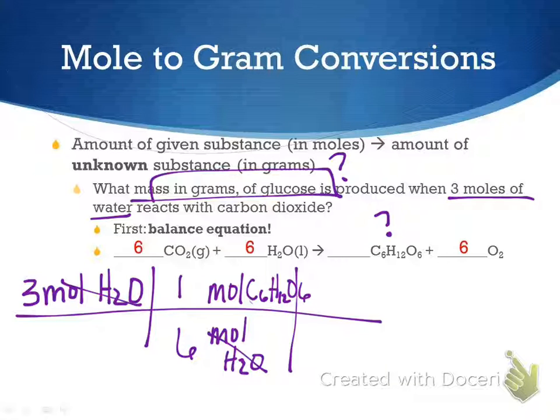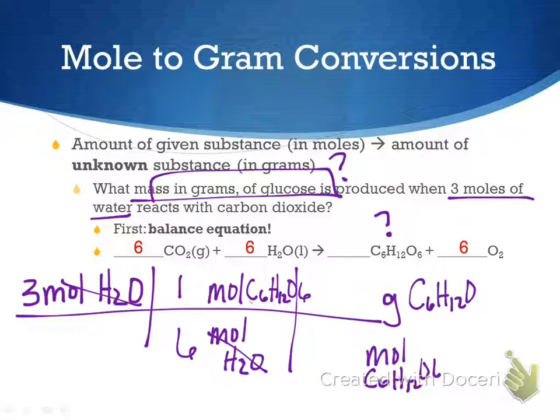So if I want to go from moles to grams, I go moles of C6H12O6, and grams goes up top. So what needs to go in this portion of our T-chart right here? The molar mass. So we need to calculate the molar mass of glucose.